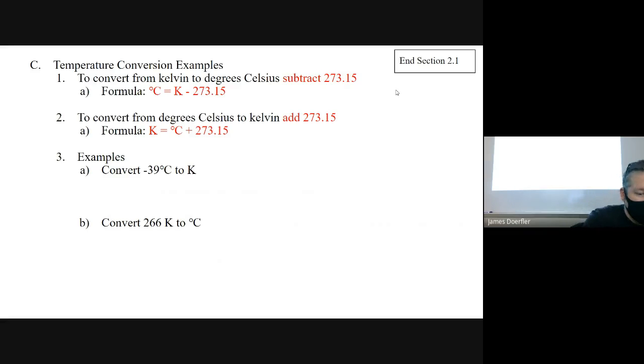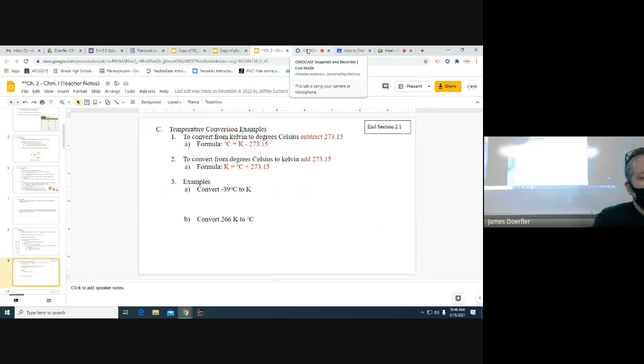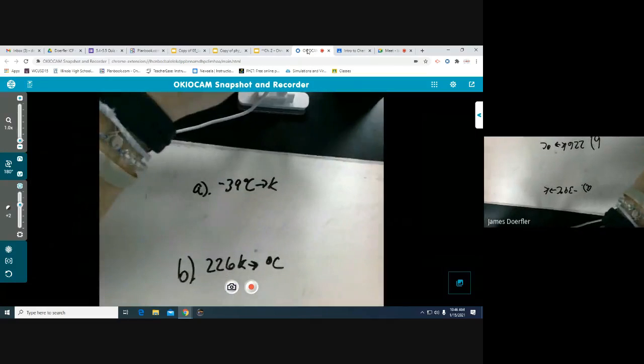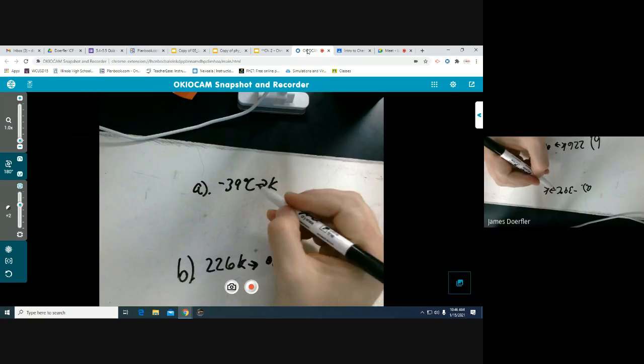So we've got two examples here. We've got negative 39 degrees Celsius to Kelvin, and then we've got 266 Kelvin to degrees Celsius. Okay. So we're going from Celsius to Kelvin here.